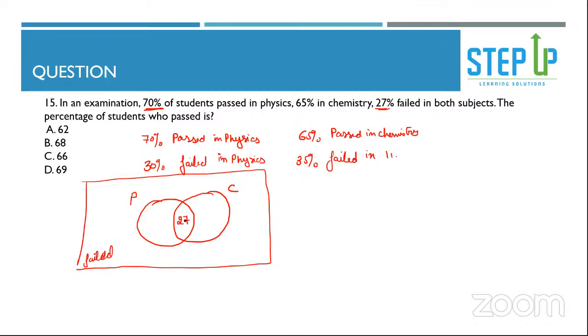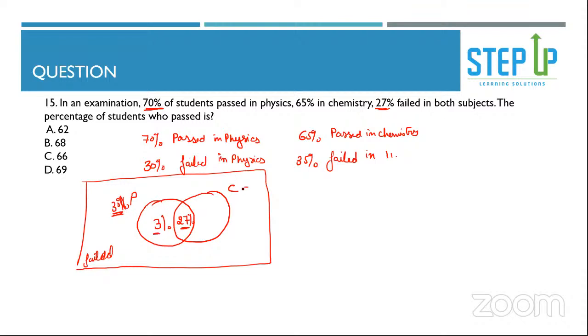So this is 27. 30% failed in physics. Out of 30, 27% are here. It means that the remaining 3% will be here. I hope that is clear to everyone. This entire circle should be equal to 30. If 27 is here, it means that this is 3.